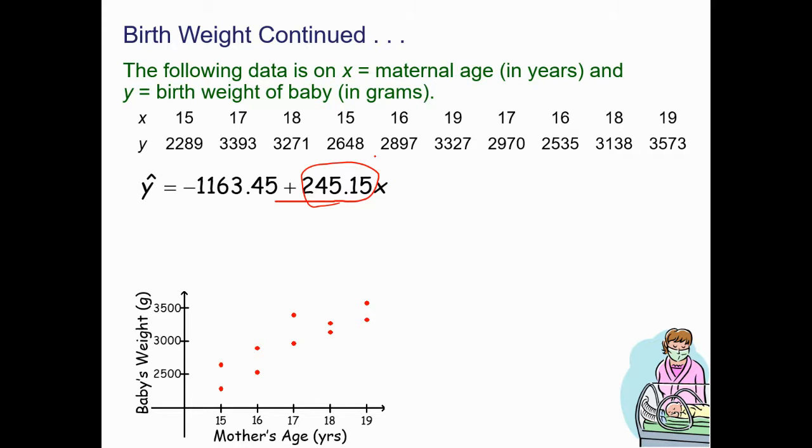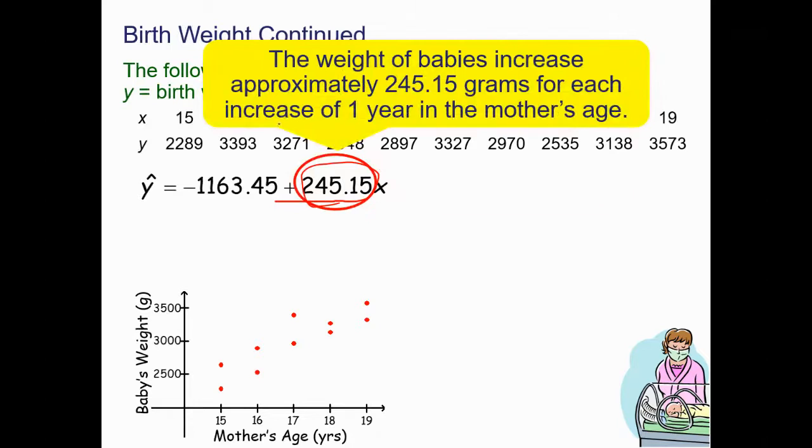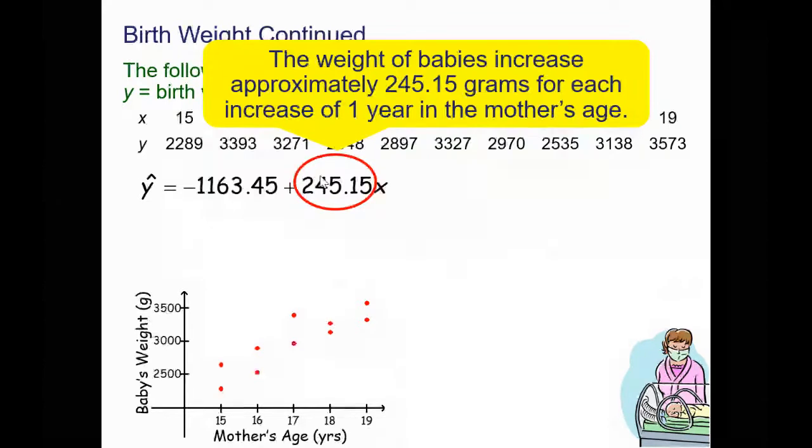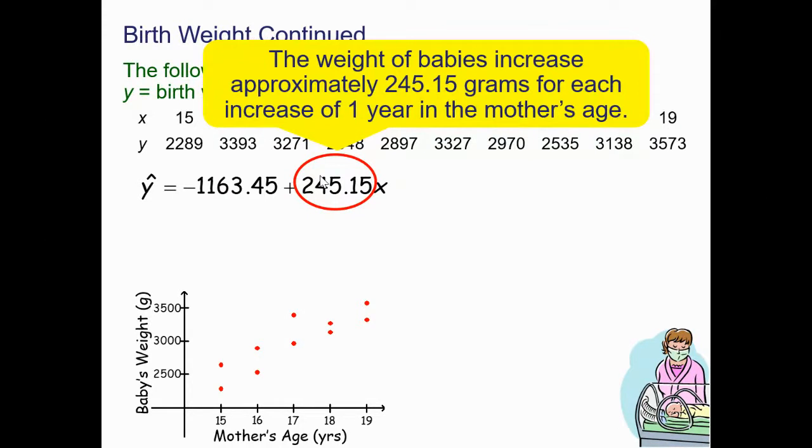Yeah. So slope is the weight the baby increases for each increase of 1 year in the mother's age. That's what our slope tells us.